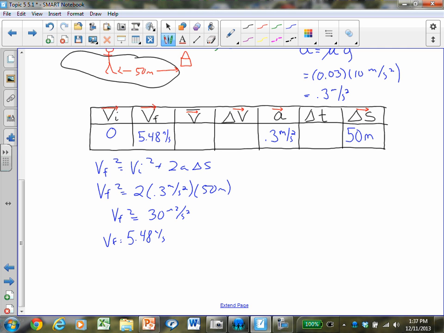So the average velocity is that divided by 2, 2.74, and A is delta V over delta T. So delta T is delta V over A, or 5.48 meters per second divided by 0.3 meters per second squared, or 18.3 seconds.